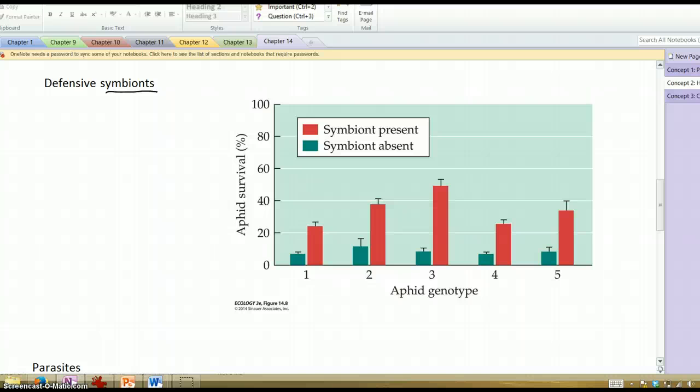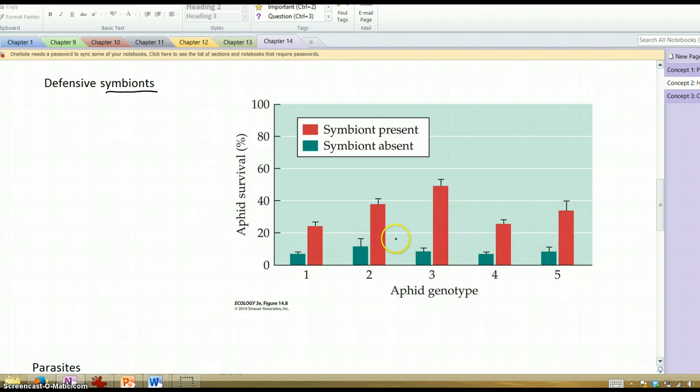Here's an example with some aphids, and aphids themselves are parasites because they basically suck the juices out of plants, but they have pathogens that attempt to attack them as well.